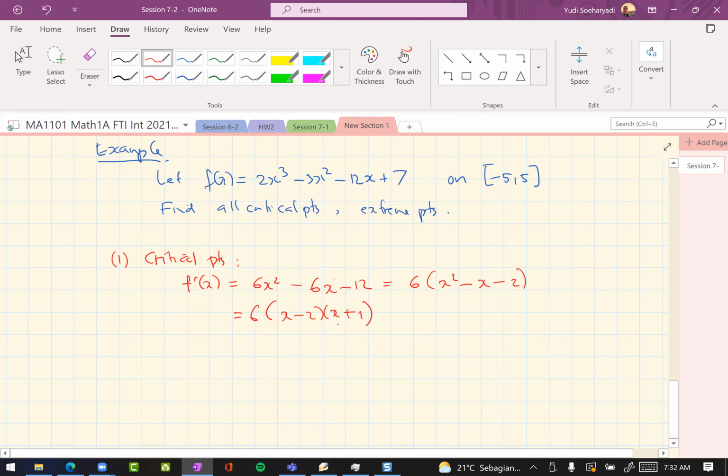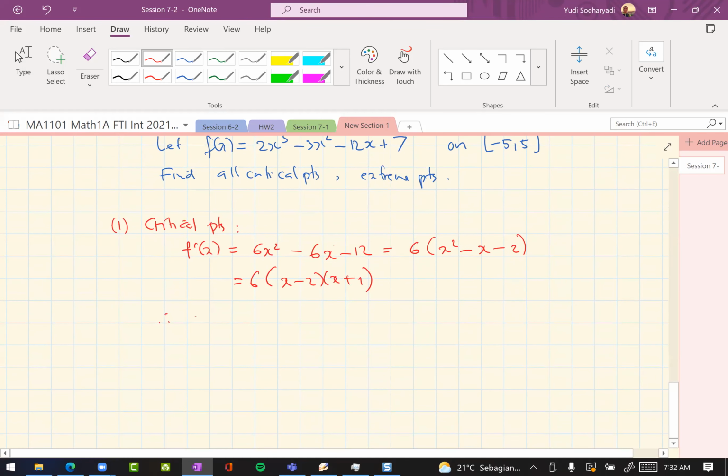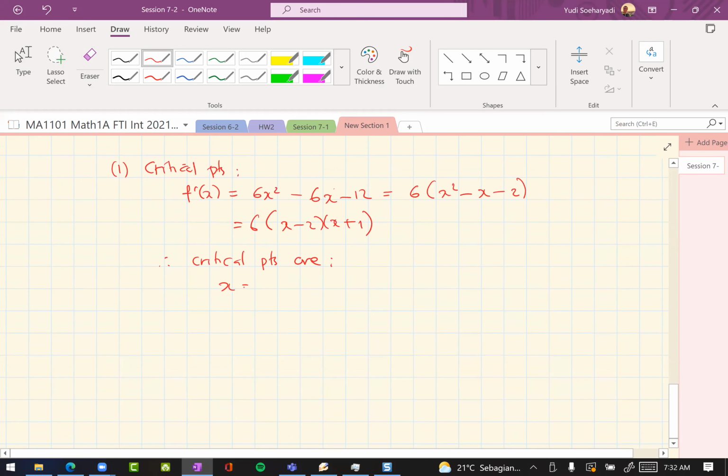So critical points are x equals negative 1 and 2. These are stationary points. Why stationary? Because if you plug them in, this gives you derivative equals 0. And what else?